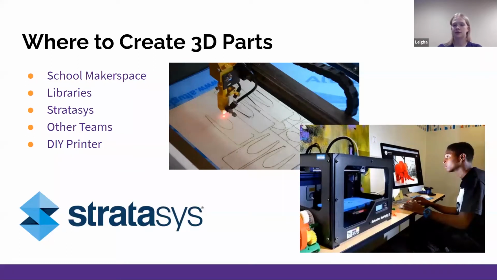They'll 3D print parts for you if you just send them your design. You can also reach out to other teams. Some teams have 3D printers, and you can ask them. I'm sure they'd be happy to help you if you need a few parts. There are also 3D printers you could buy. For example, there are some DIY 3D printers that you actually get to make yourself, so you can really see how it works before you start creating parts with it.